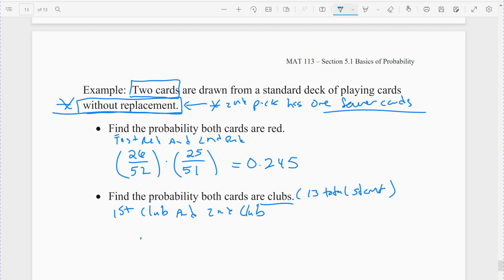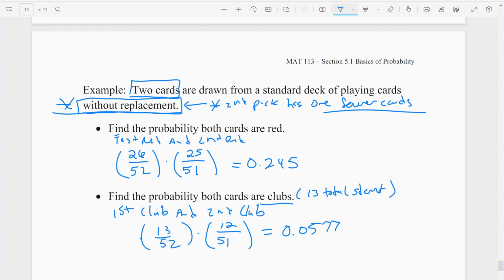So the first pick, there are 13 clubs out of 52. However, when we go to pick the second one, we've already picked a club, so there are only 12 left. And since we already picked a card, there's only 51 cards left when I pick again. So there's only 12 possible clubs out of 51 for my second pick. Right? I have to subtract. And that comes out to 0.0577, the decimal.